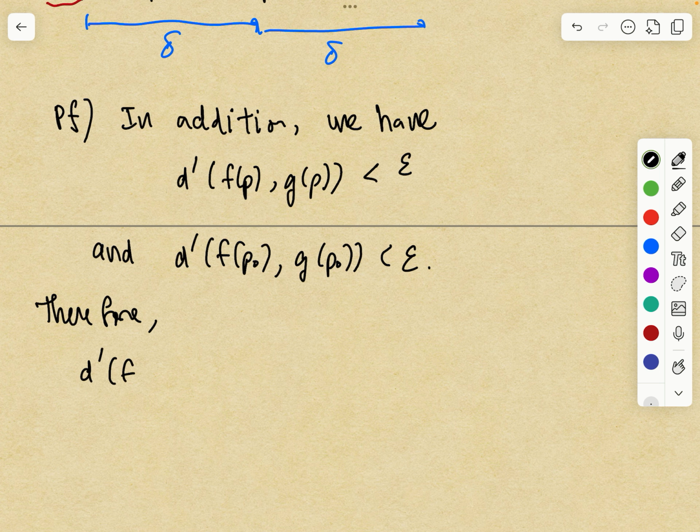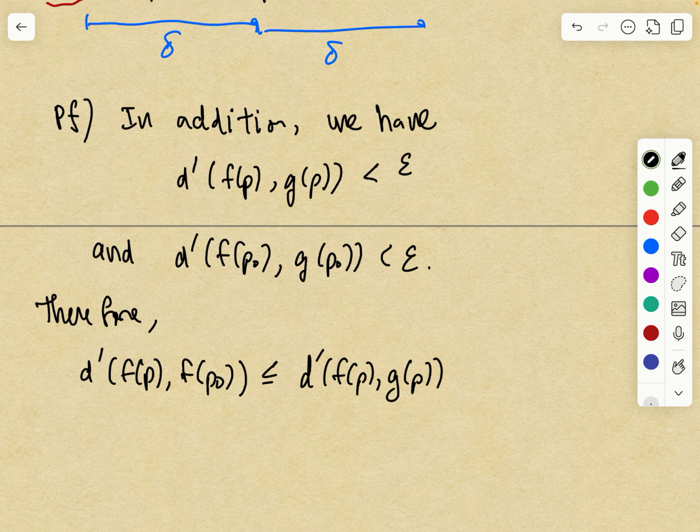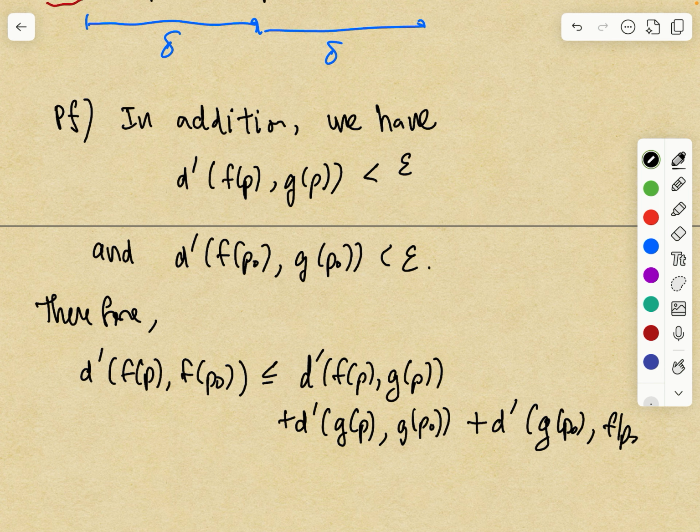The distance between f of P and f of P naught is less than or equal to the distance between f of P and g of P, plus the distance between g of P and g of P naught, plus the distance between g of P naught and f of P naught.